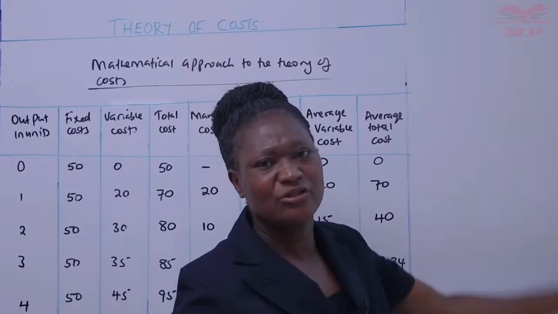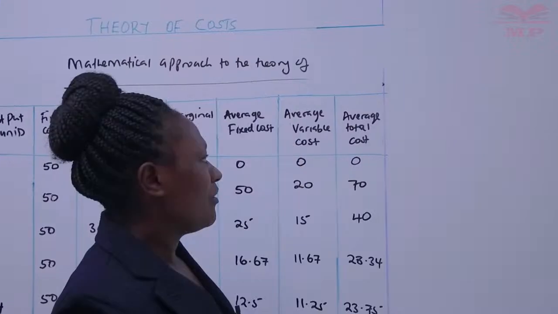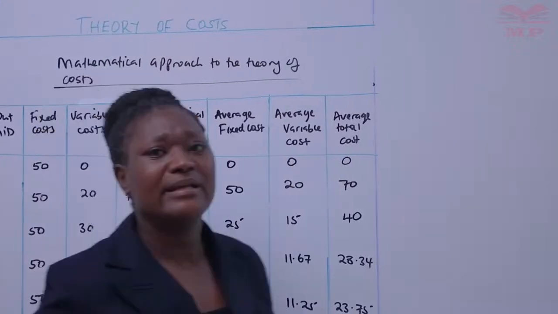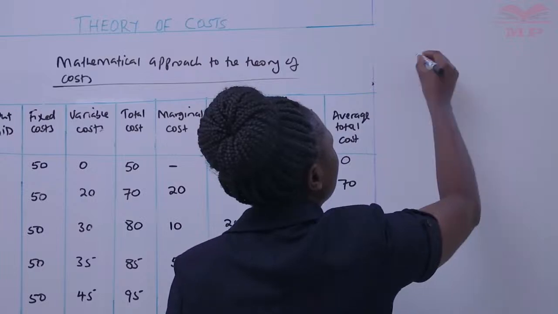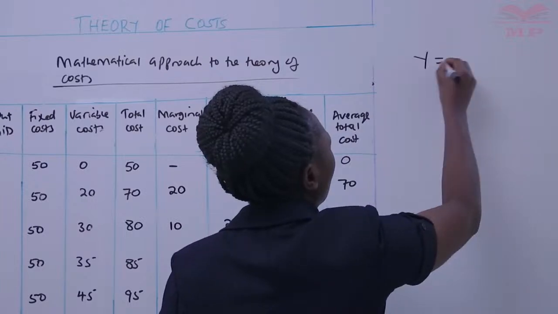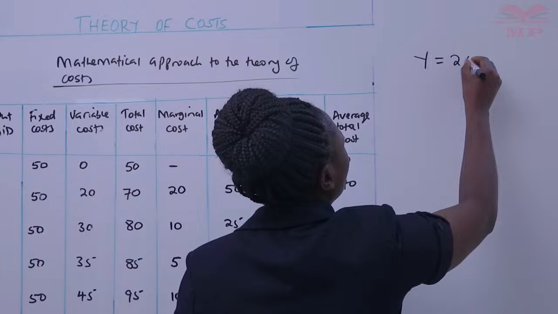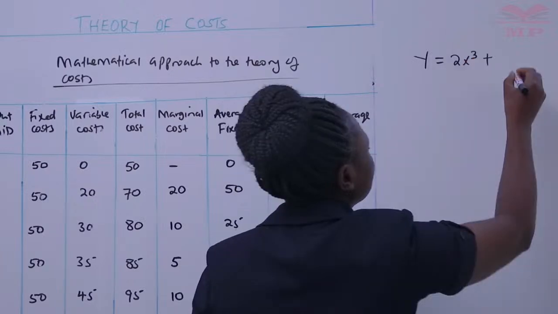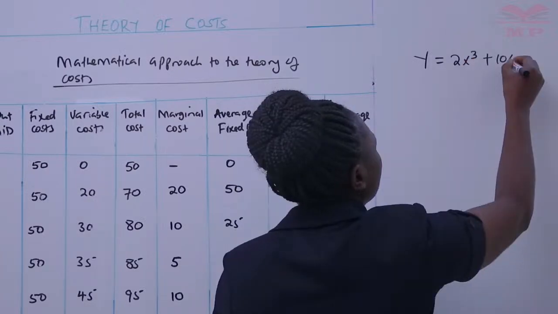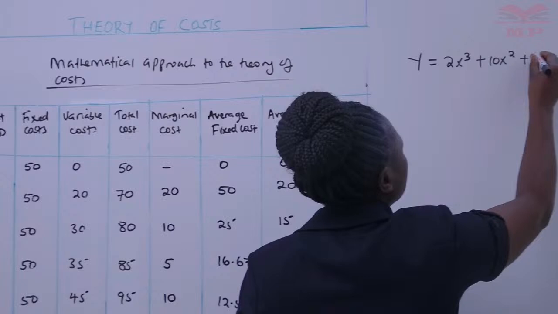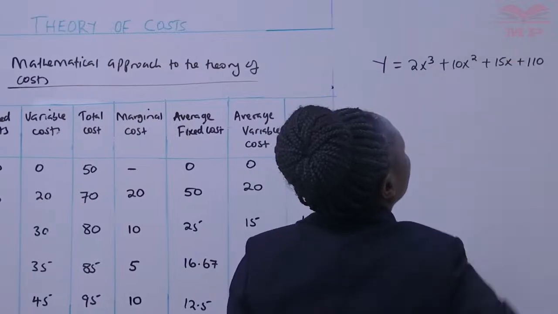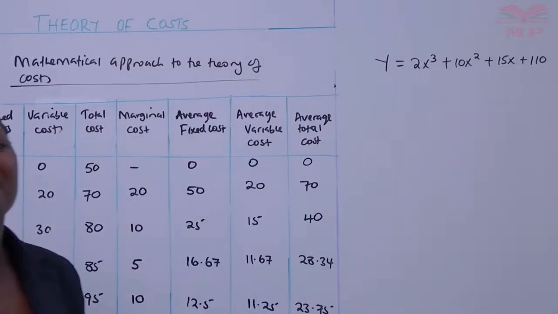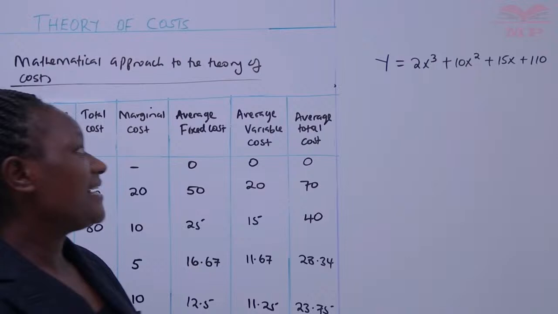Differentiation, just to give a short illustration of how we differentiate functions. Assuming you've been given a function like y equals 2x cubed plus 10x squared plus 15x plus 110, and you are told to differentiate that function.